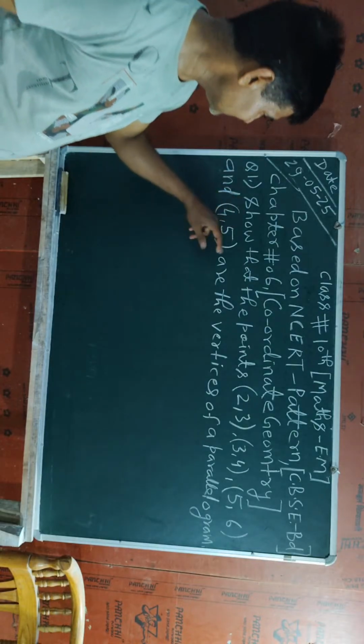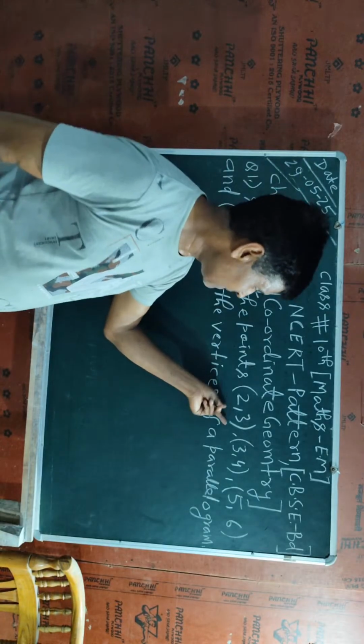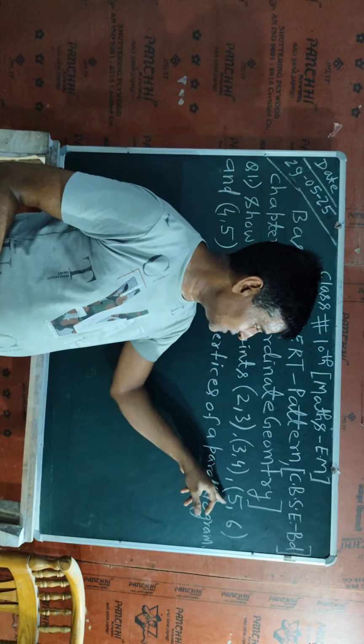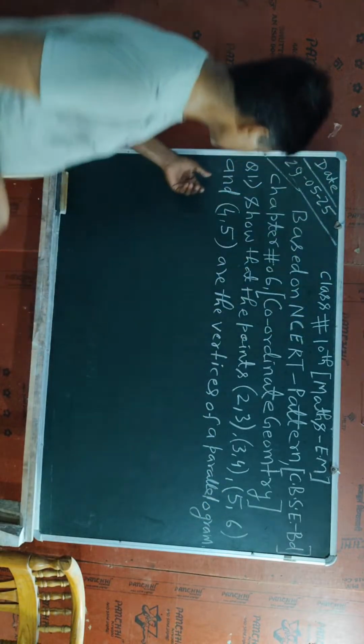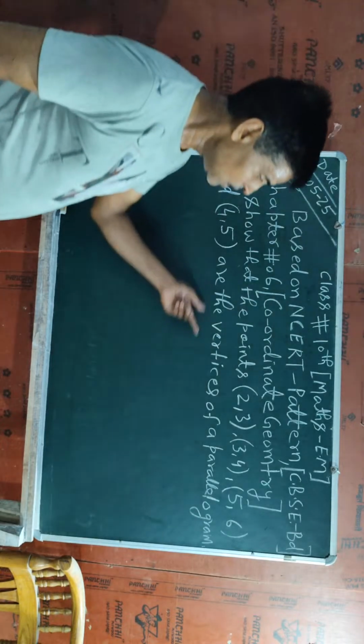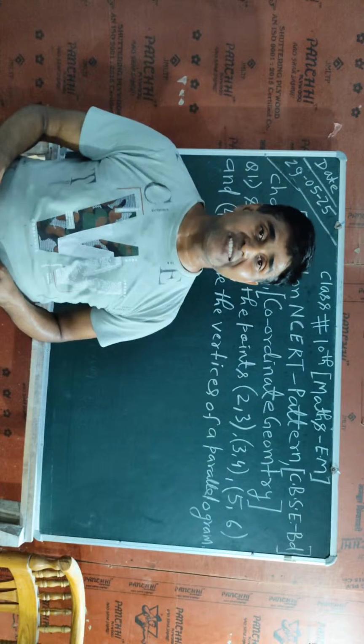The question is that the points (2, 3), (3, 4), the third point (5, 6), and the fourth point (4, 5) are the vertices of a parallelogram. You know the concept of a parallelogram.